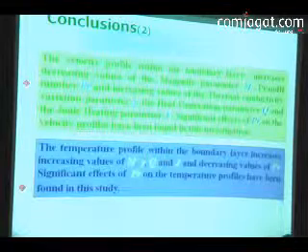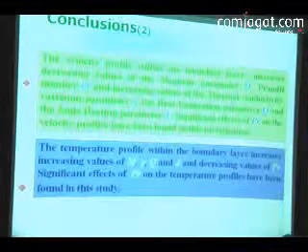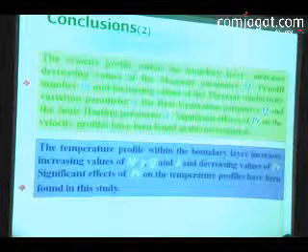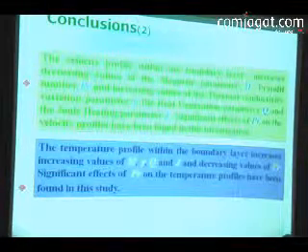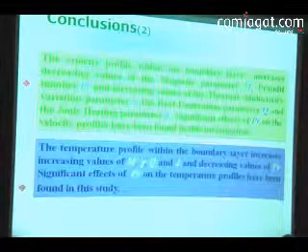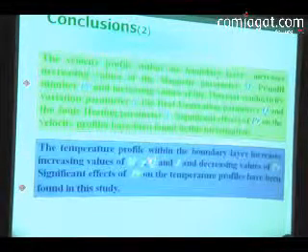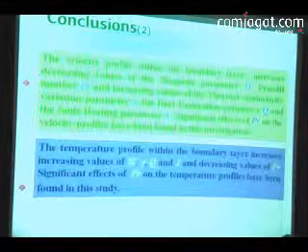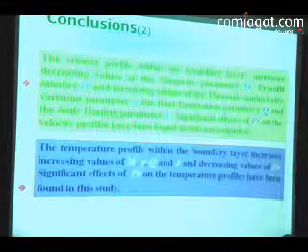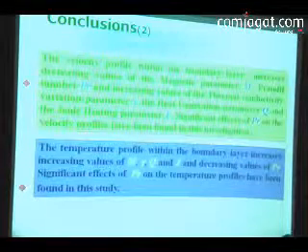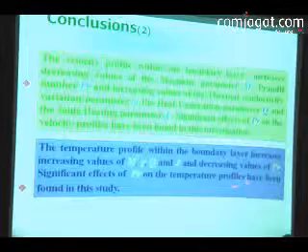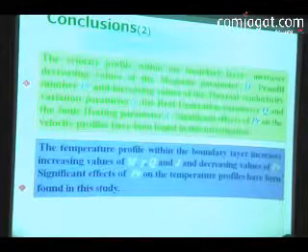The temperature profile within the boundary layer increases with values of magnetic parameter, thermal conductivity variation parameter, heat generation parameter, and Joule heating parameter, and decreases only for values of Prandtl number. Significant effect of Prandtl number on the temperature profile has been found in this chapter.